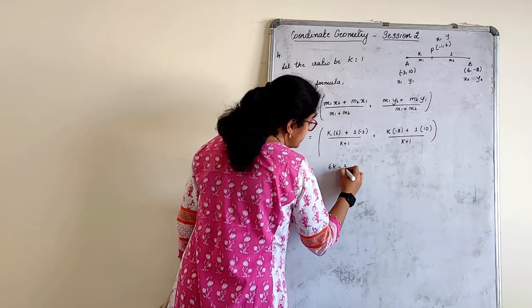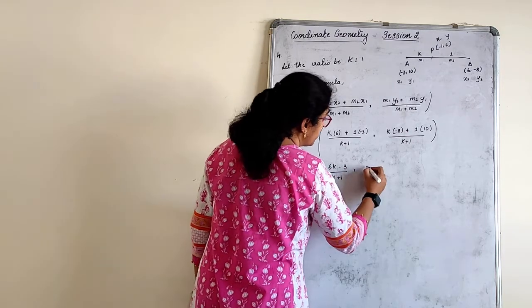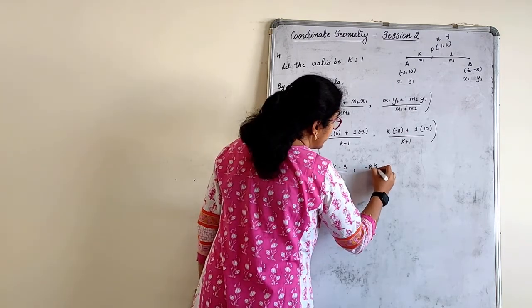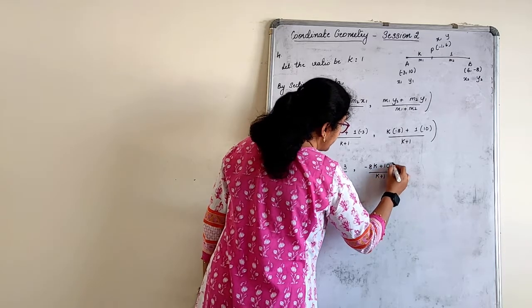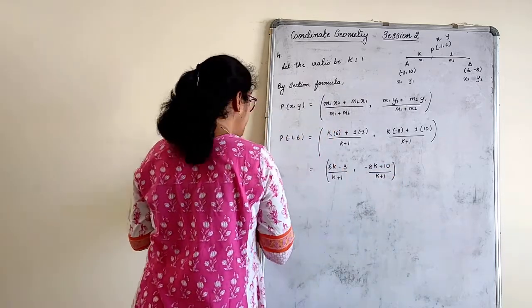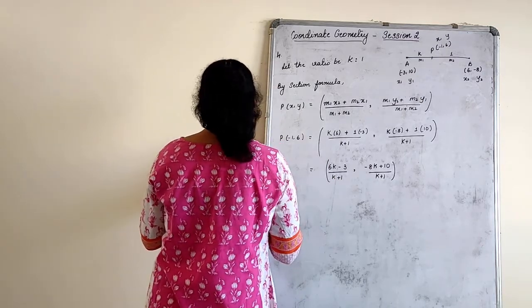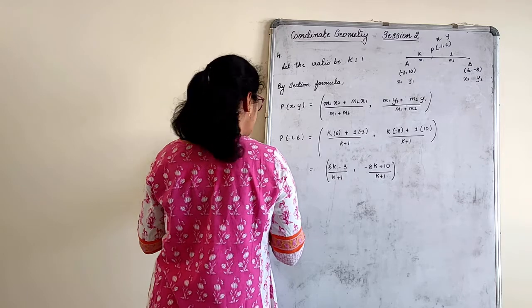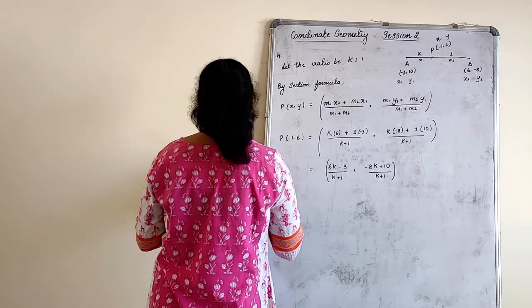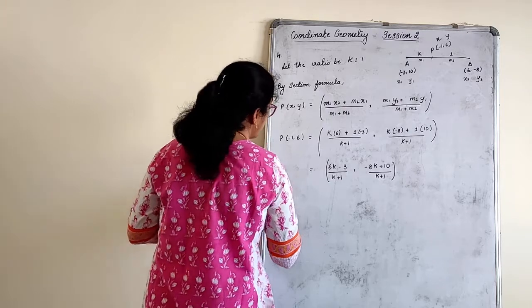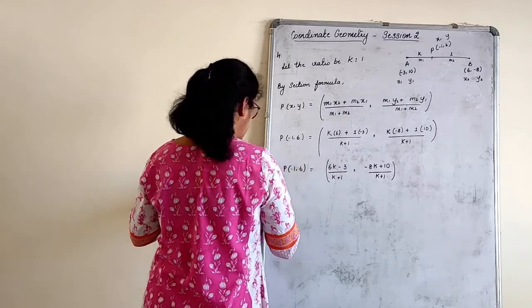So 6k minus 3 divided by k plus 1, comma, minus 8k plus 10 divided by k plus 1 is equal to the point P, minus 1 comma 6.